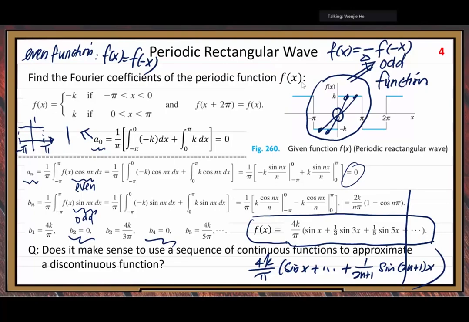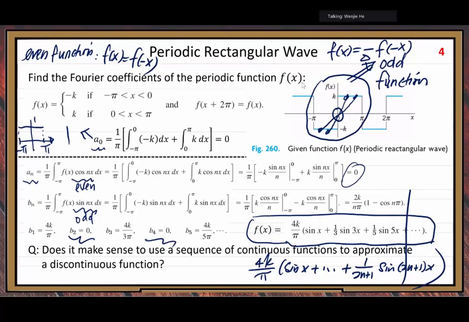We keep adding more and more terms, and it's always continuous. How can you, at the end, get something discontinuous?